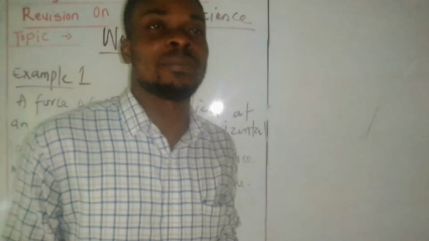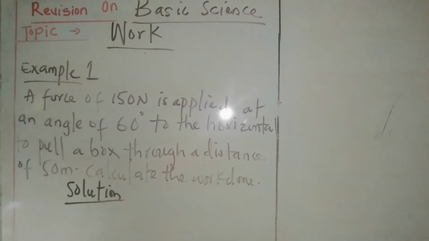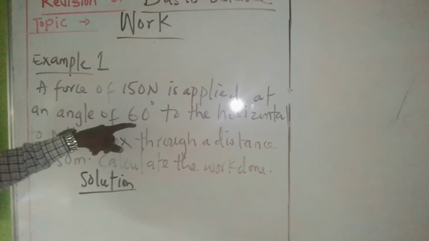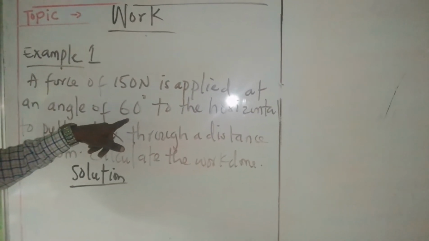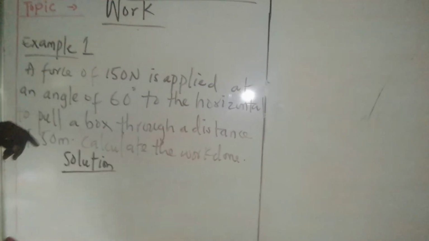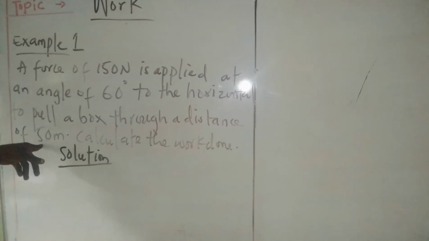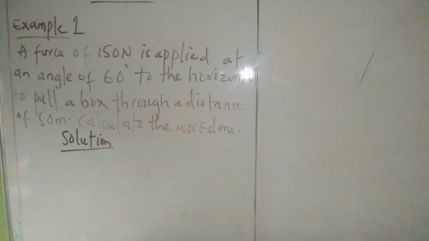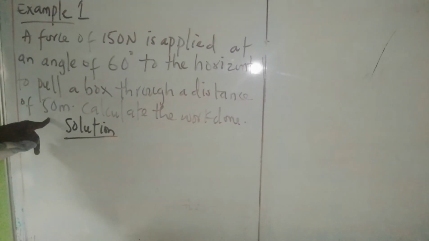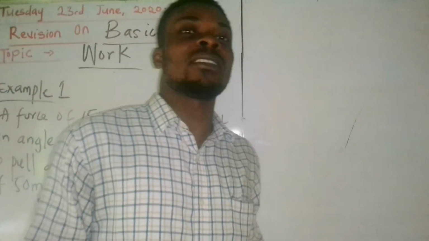In solving such a question, you interpret the question. This is the angle in which the box was moved. But take note, you have a force of 150 Newton, and you have a distance of 50 meters. We have force and distance, so we're going to be applying the formula force times distance.